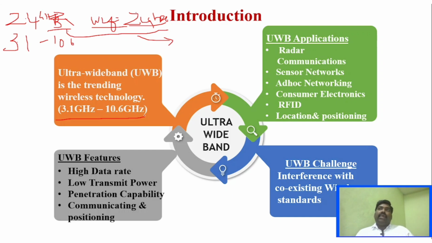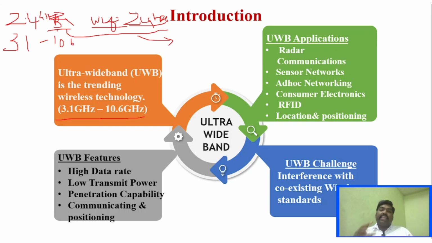When the bandwidth is huge, that means you have very good capacity, right? When we have a large capacity, the data rate can be very fast. That is, you can send a larger amount of data, and the data rate can also be increased to a great extent, right?